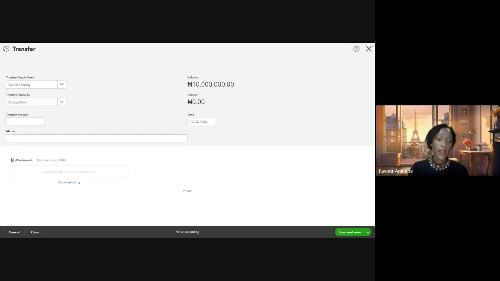How much are we transferring? Sometimes you don't have to transfer the entire amount, right? But in this case, we're going to transfer the whole 10 million naira.